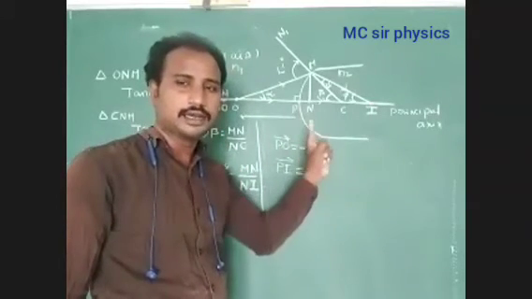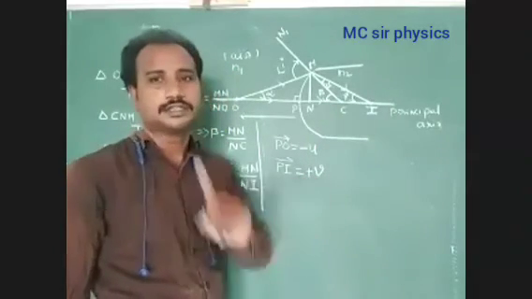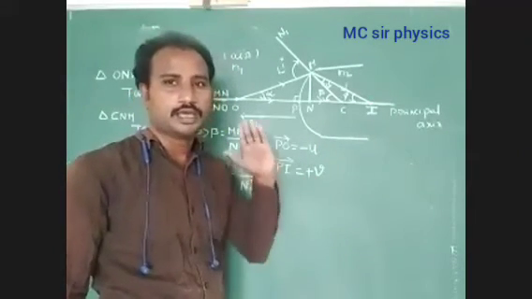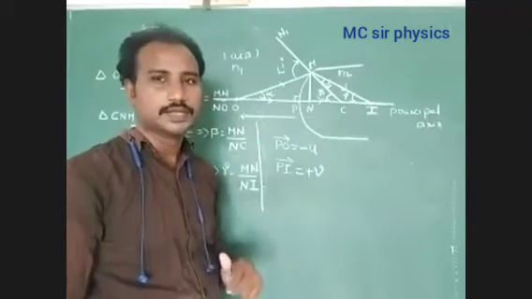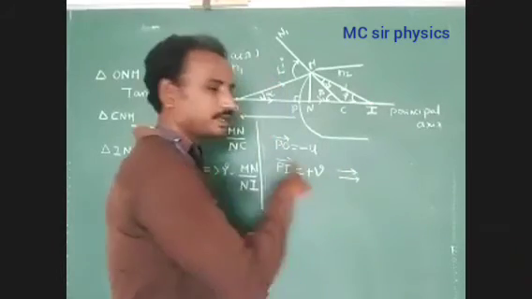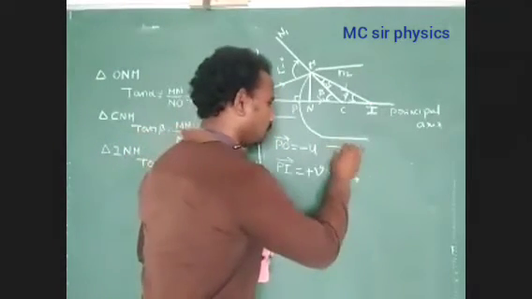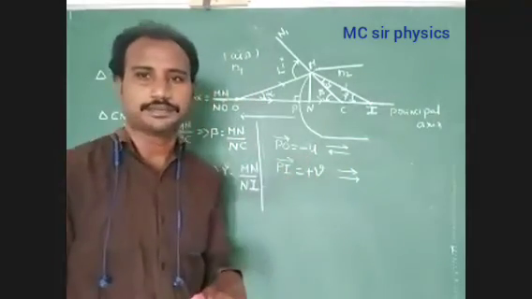The distance direction is the same as the incident ray direction, so the sign convention is plus. It represents one sign convention rule: in the same direction, we represent positive; for the opposite direction, we represent minus.